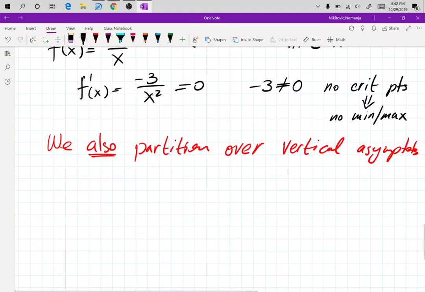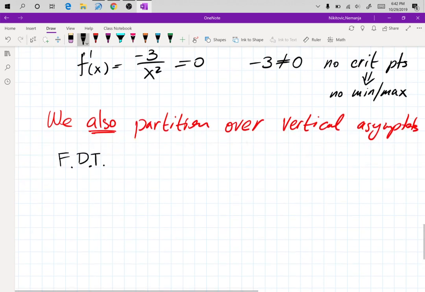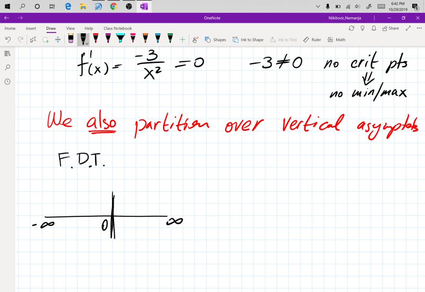My first derivative test over here is going to be: draw the domain from negative infinity to positive infinity, and then draw this wall at 0, and now you have two partitions, one to the left, one to the right.